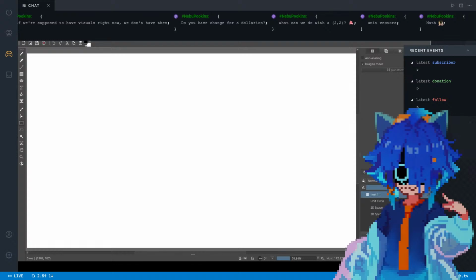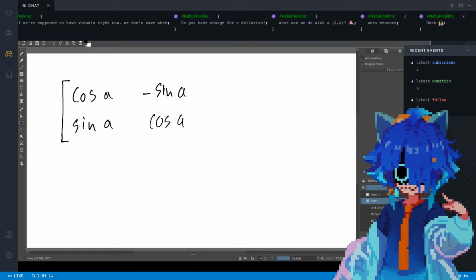If we take this weird box with cos of angle, negative sine of angle, sine of angle, cos of angle, and we multiply it by some vector, x, y, which we're going to write vertically now, this gives us a rotation.